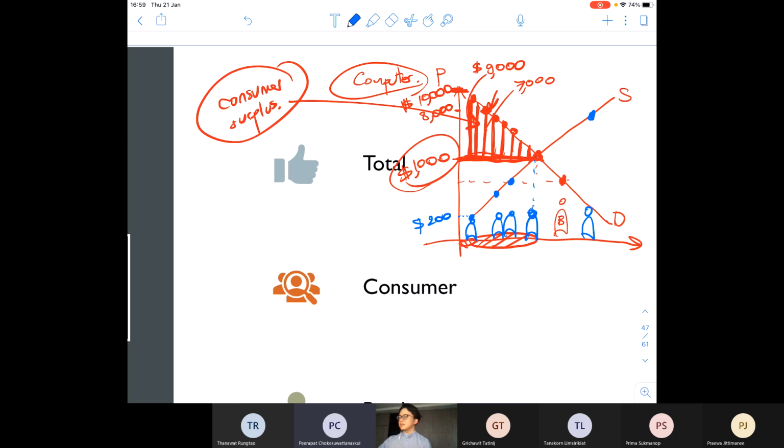But what happens is that this seller or producer won't be able to sell a product, right? Because the market price is like 1,000. So they would just keep themselves out of the market. It means that if the market price is really 1,000, this producer who would be more than happy to sell at 200 would enjoy the benefit here, right?